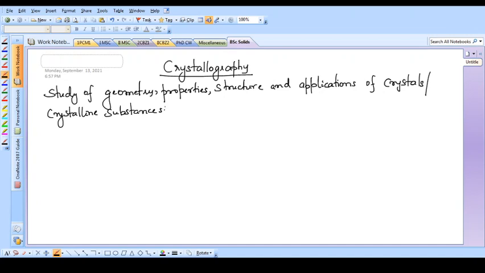On the other hand, you might look around and see different substances that can be categorized as solids. For example, the notebook that you are using, the table that you are using for writing, or the chair on which you are presently sitting. There are a lot of materials around us with different uses and applications that come under this category called solids.